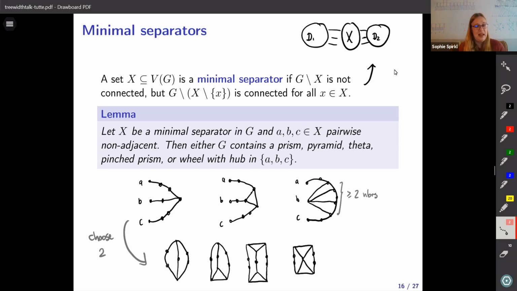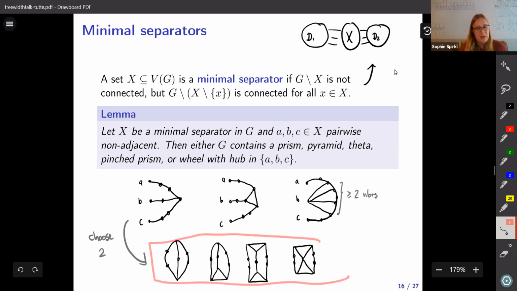this is the slide where it may finally make sense why we have this particular list of things that we exclude. If you look at a cut set, and you picture it having 3 pairwise non-adjacent vertices, then you can say, well, how do these connect through D2 and how do they connect through D1?